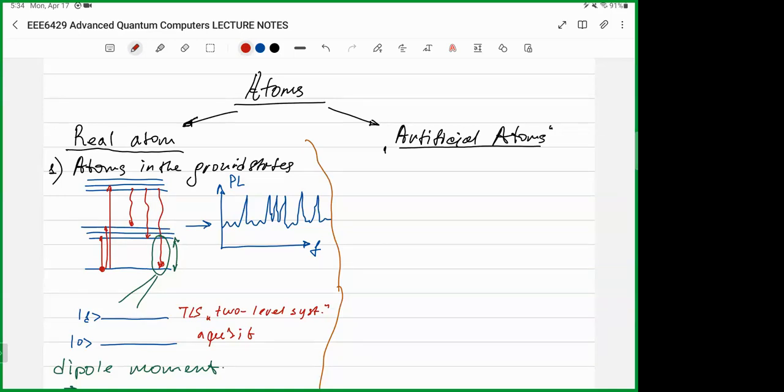We can design the properties at our will. We can design the atom. And one example of artificial atoms is the so-called quantum dot.